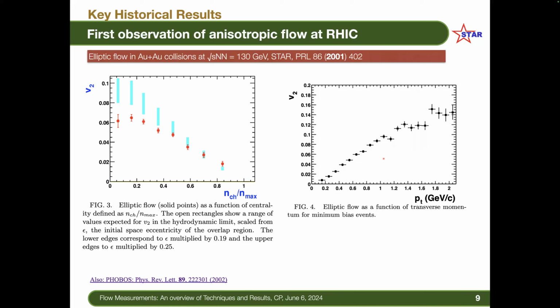And what became exciting at that time was the realization that the data in the highest multiplicity collisions in this region here seem to reach the level of flow, or V2, expected from hydrodynamic calculations involving no viscosity, a so-called ideal fluid.